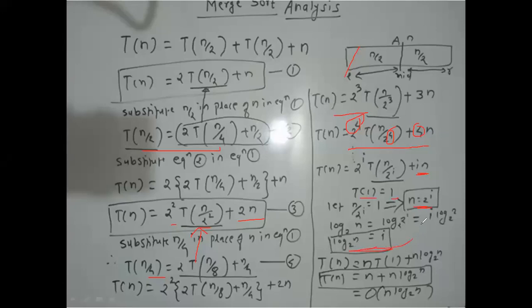Substitute this value in the equation and we get n times T of 1, which is 1, plus n log n base 2. So T of n equals n plus n log n base 2. The highest term is n log n. So the complexity of merge sort is big O of n log n.